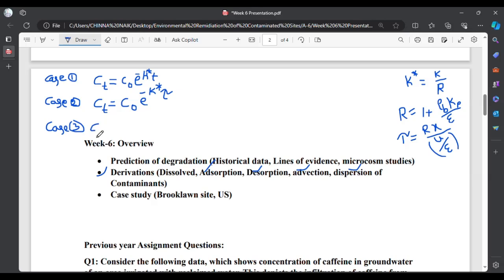So here the formula will be a bit lengthy, that is Ct into C naught, e power P star, by 2 P star.